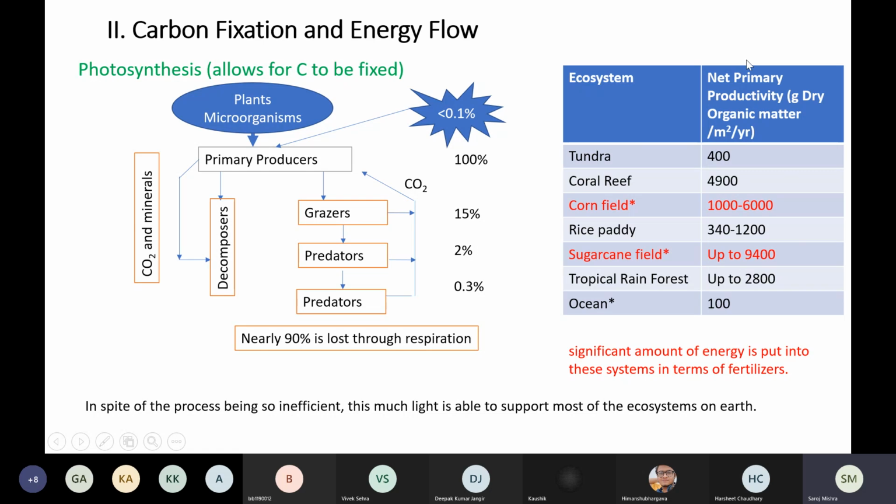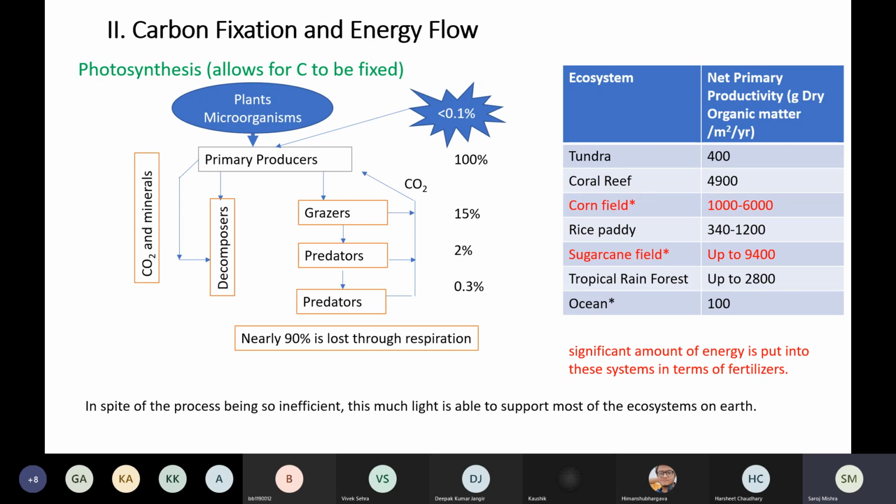All right. So now on the right, people have measured the productivities. I have already talked to you about the coral reef, which is an ecosystem, or a sugarcane field, a tropical rainforest, ocean, etc., a rice paddy field. This is an ecosystem by itself. Why? Because there is cycling of nutrients all the time. So there is a systematic flow of carbon as well as energy.